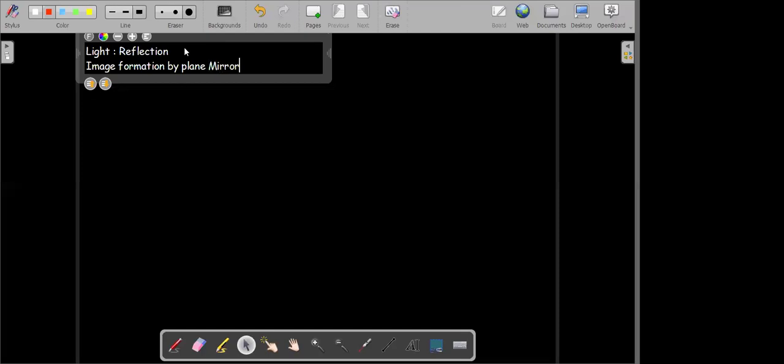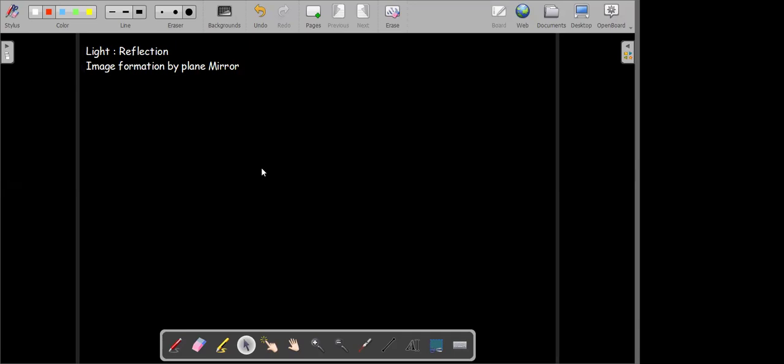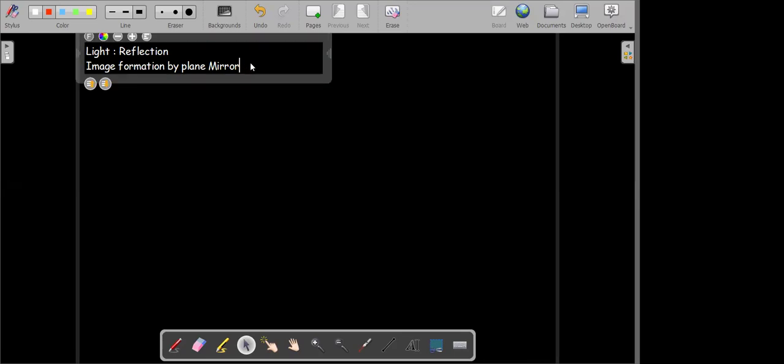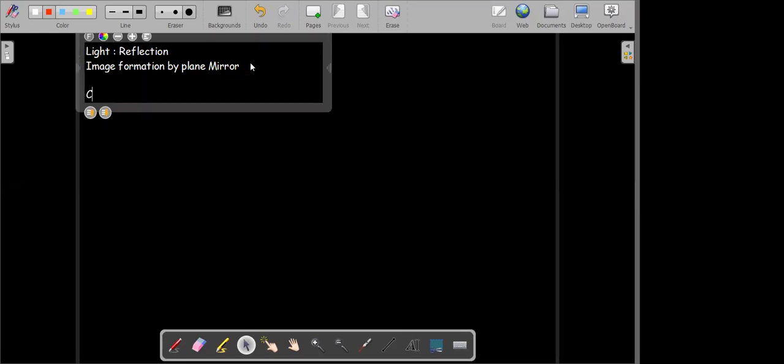So see, here we take a plane mirror and we see what type of images are formed by a plane mirror. They will be placing the plane mirror in the middle, and in front of that there will be an object. Can you state the characteristics? I want the characteristics of the image.